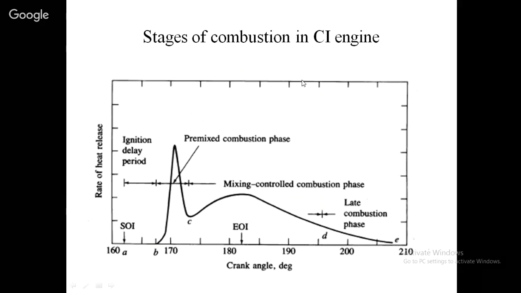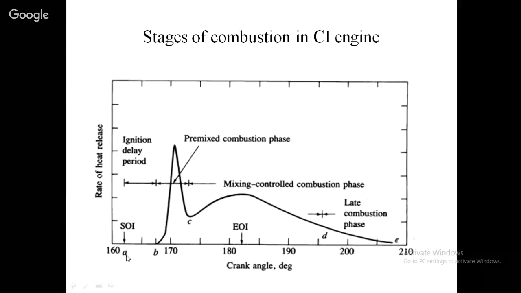In the case of CI engines, we use injectors to send the fuel into the combustion chamber during the compression stroke itself. So around 20 to 30 degrees before, we start injecting the fuel into the combustion chamber with the help of the injectors.